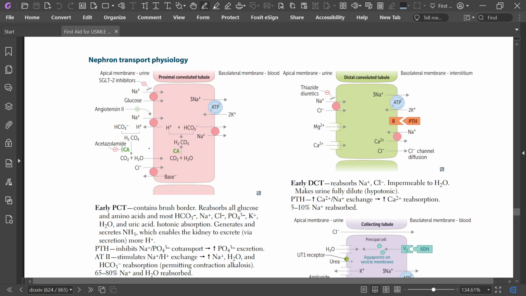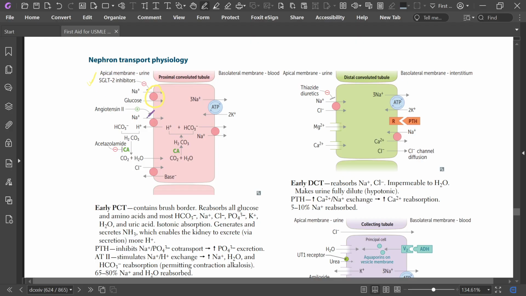This reabsorption happens via different channels, like the sodium glucose co-transporter. This sodium glucose co-transporter can be blocked by SGLT2 inhibitors like canagliflozin, dapagliflozin, empagliflozin.